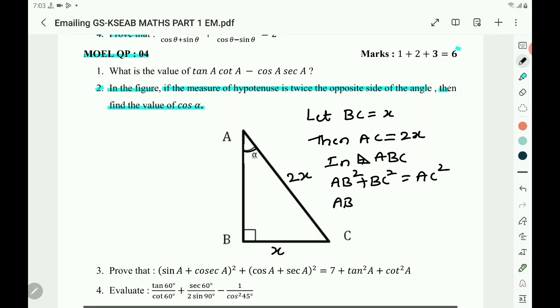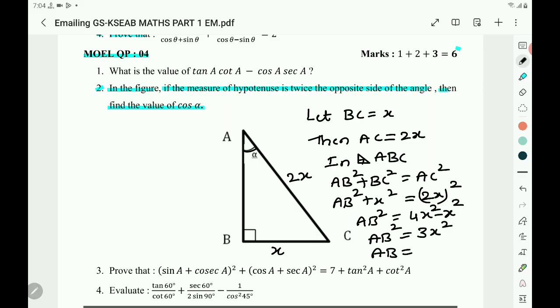Then AB square plus x square is equals to 2x whole square. AC is 2x. Then AB square is equals to 2x whole square is 4x square, and transfer this x square to the RHS. 4x square minus x square. Then you write AB square is equals to 3x square. Then AB is equals to root of 3x square, which is equals to root 3x.